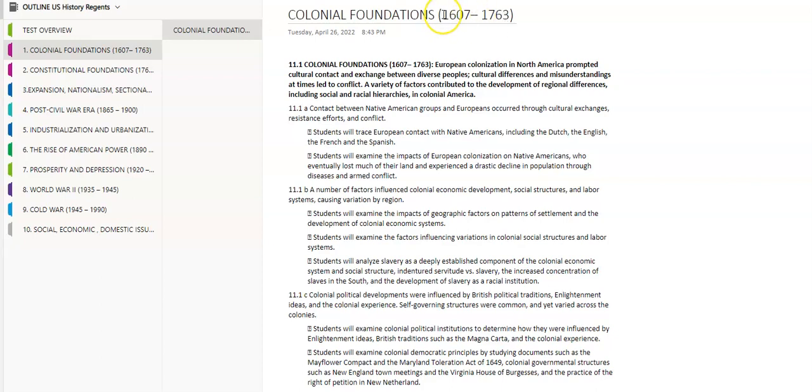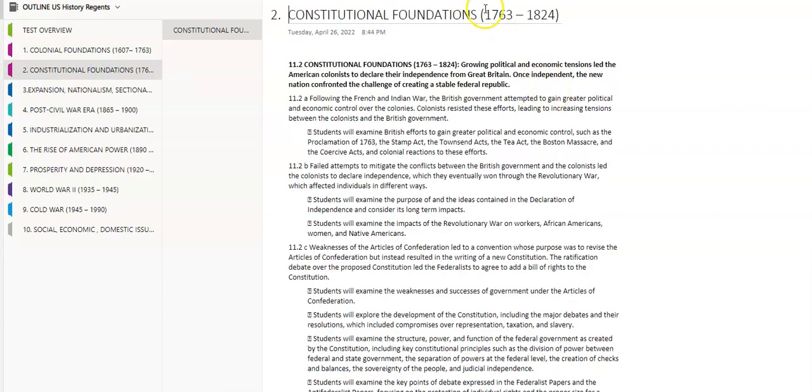So from the first British colonies in North America, through those 13 colonies and the end of the French and Indian War. The second is from the end of the French and Indian War to 1824. Now, why these dates? End of the French and Indian War gets you into the American Revolution.